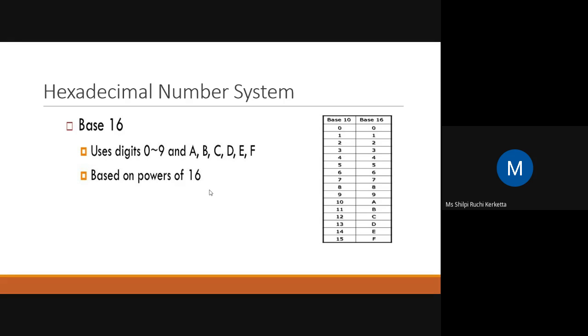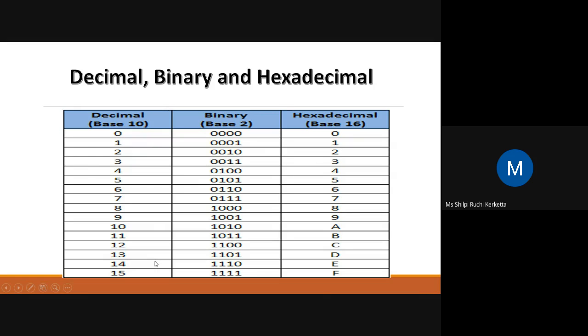In the hexadecimal number, in decimal form, we only have 0 to 15. Here we have 0 to 9 and A, B, C, D, E, F.